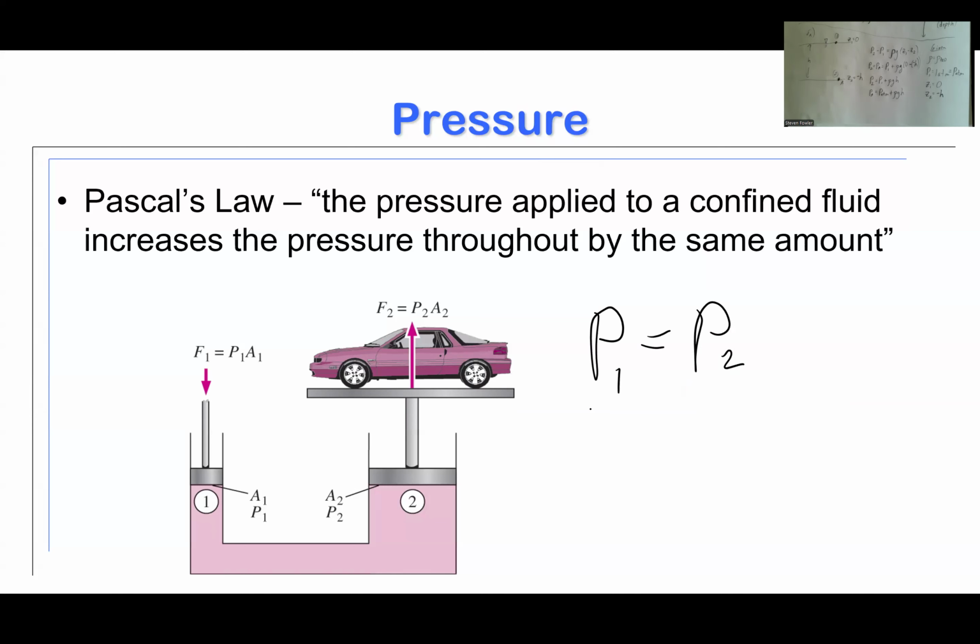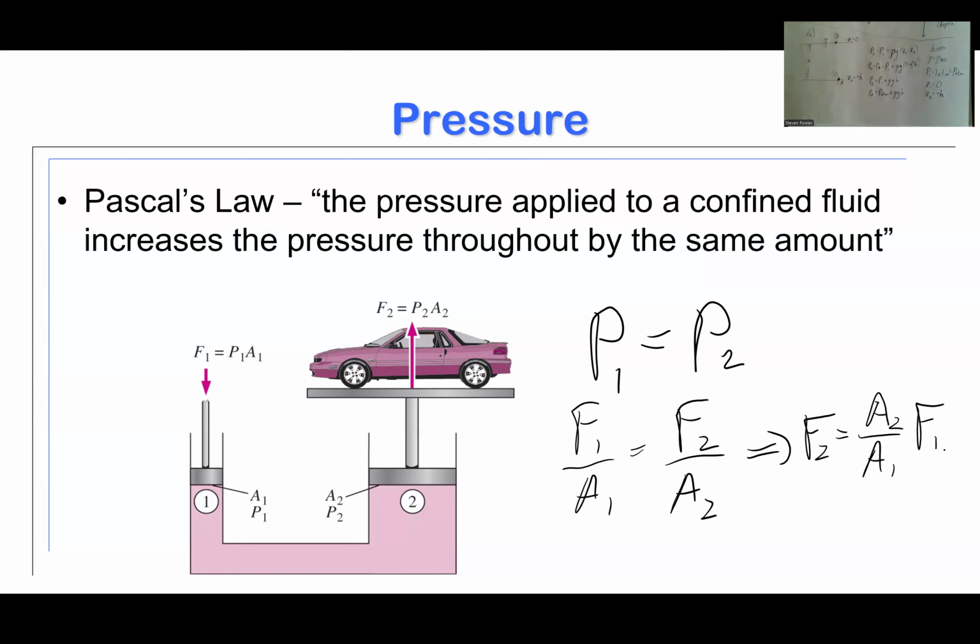Each of those pressures is force per unit area, so F1 divided by A1 is equal to F2 over A2. If I want F2, which is what I'm after, F2 is going to equal A2 over A1 times the force applied at 1.